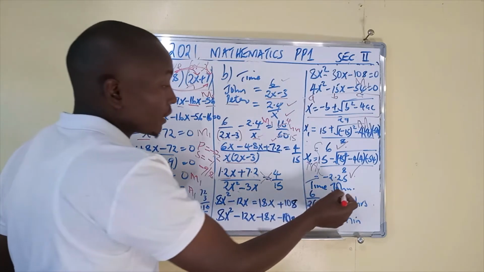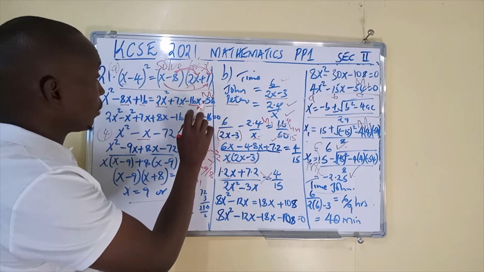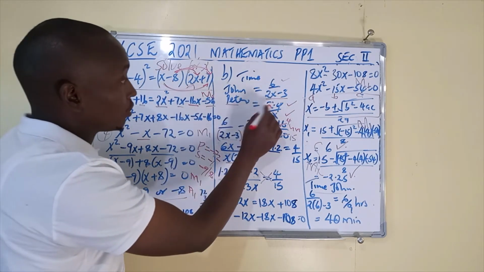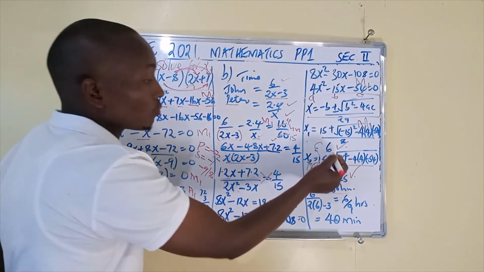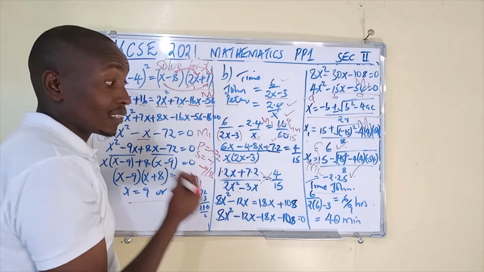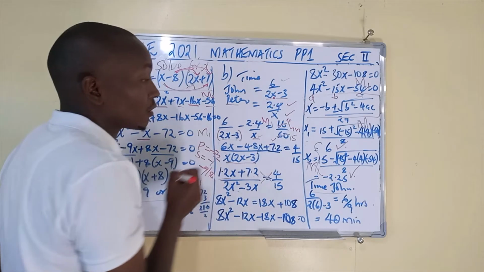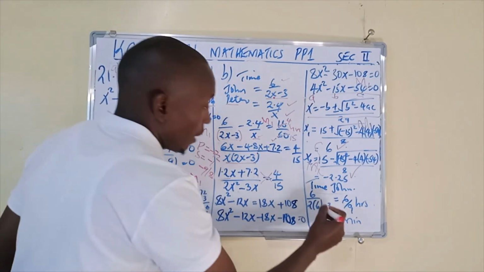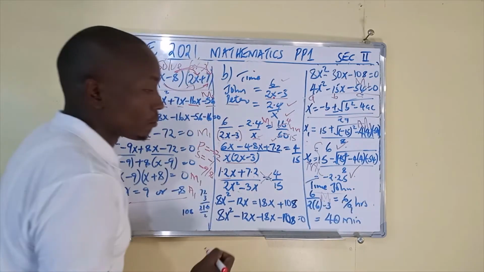You are asked to find the time John took. If the student is able to come over here and substitute the value of x, remember in this case, x will be positive. We are talking about x representing speed. It cannot be negative, so it is positive. So replacing x there, by the student doing that, that is a 1 mark.